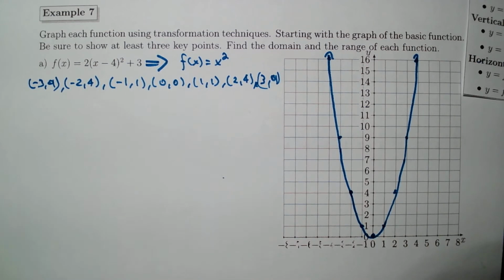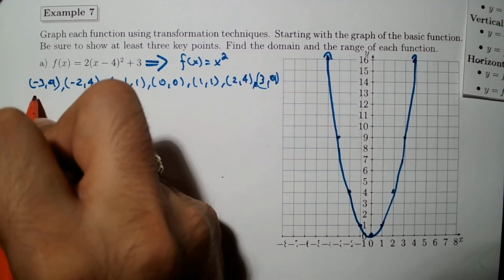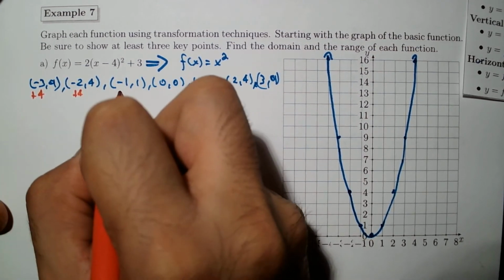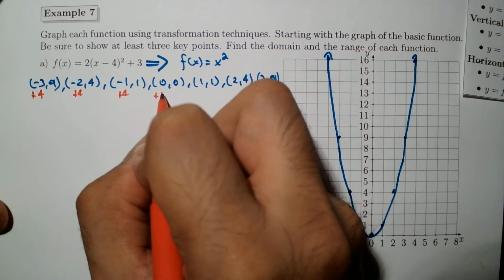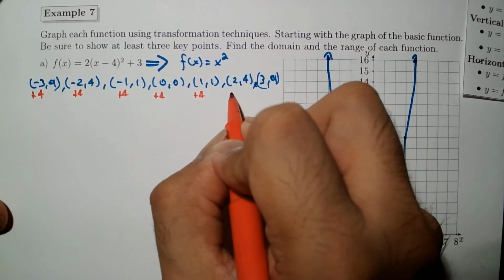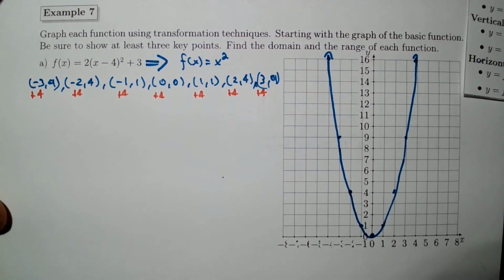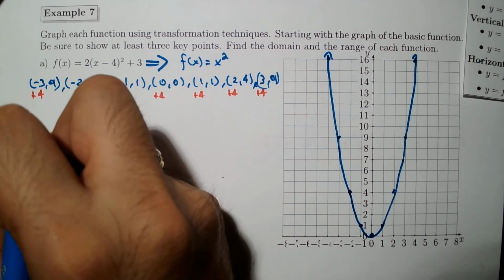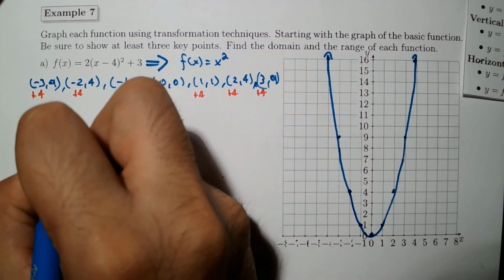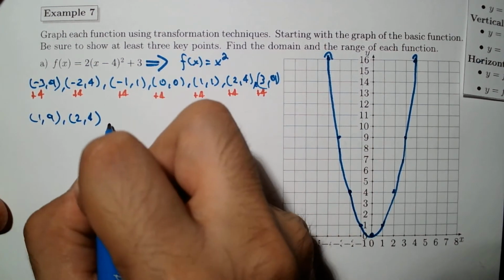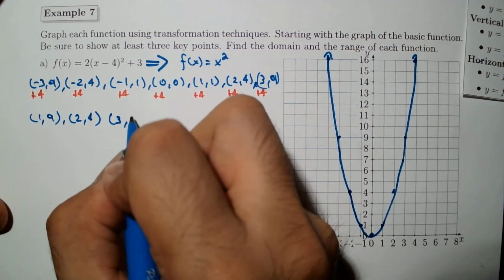So we are going to add 4 to all x coordinates, and we are going to obtain new points. -3 plus 4 is 1, 9. -2 plus 4 is 2, 4. -1 plus 4 is 3, 1.